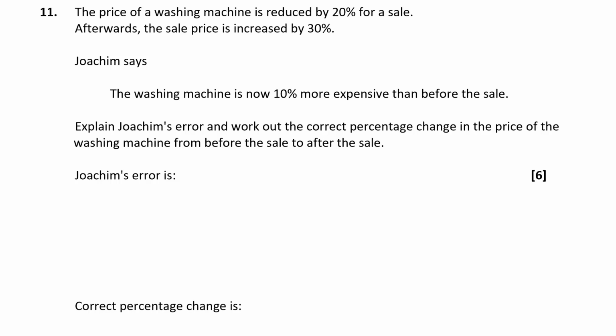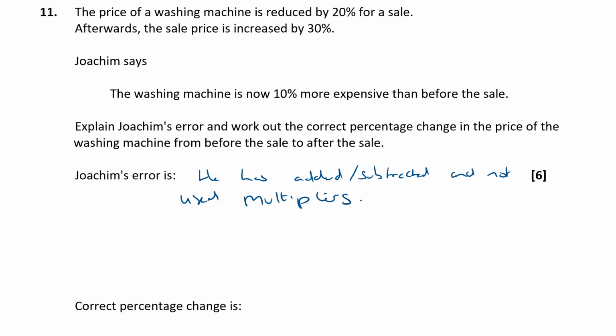So I'm going to write down that his error is he has added, subtracted, and not used multipliers. Okay, and we're going to show that he's incorrect by doing the maths ourselves, aren't we?